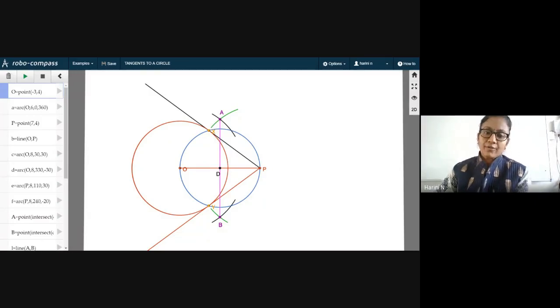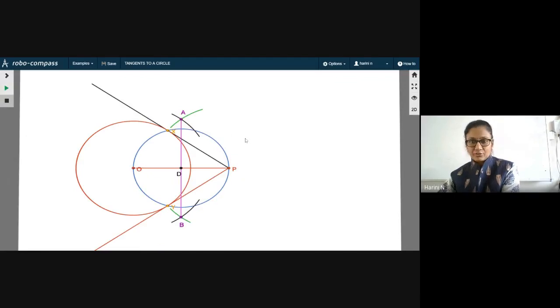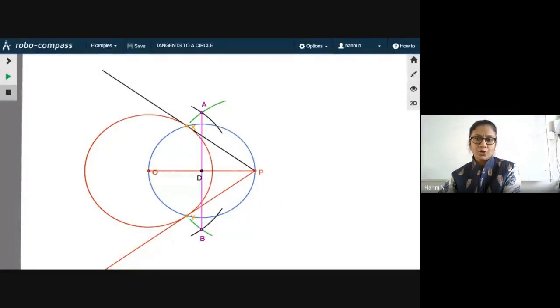This is how your final construction would be ready after everything is done. So we will start with our construction now. So be ready with your compass, your ruler, your pencil, and if required, an eraser. Should not be required, but have it in case you have to do some kind of erasing.